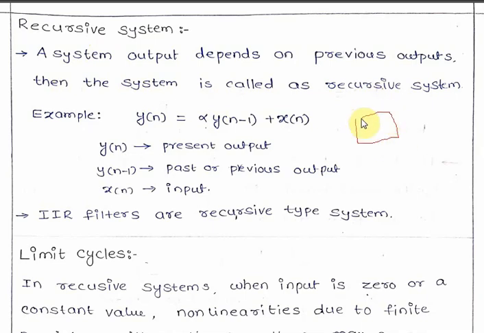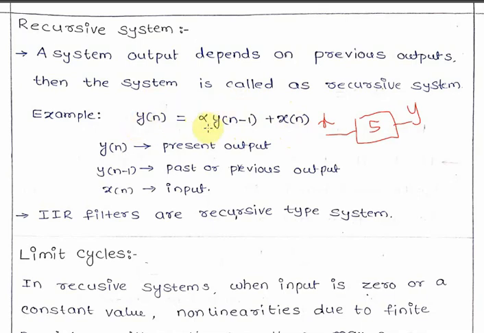Consider a system with input and output. Input is denoted by x of n and output is denoted by y of n, where y of n minus 1 is the past output of the system.